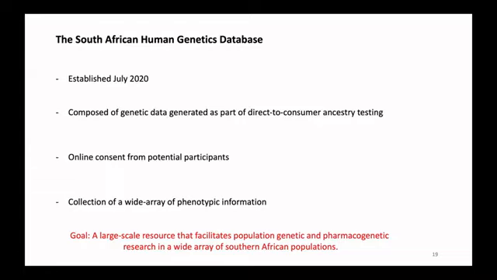So the thought here is that we'll capture a great amount of genetic diversity within Southern Africa, particularly of populations that remain quite understudied. So the goal here is to create a large-scale resource that facilitates population genetic and pharmacogenetic research based off of the unique phenotypic information that we're getting, which enables us to do pharmacogenetic analyses in a wide array of Southern African populations.